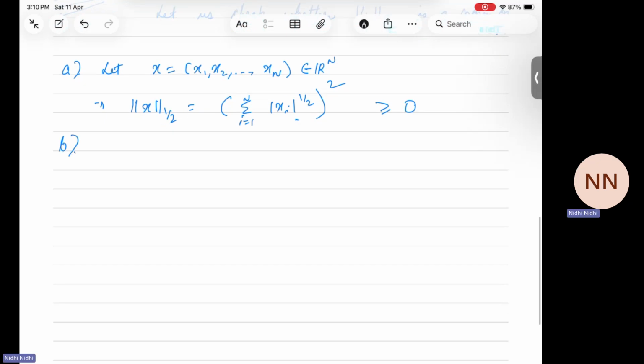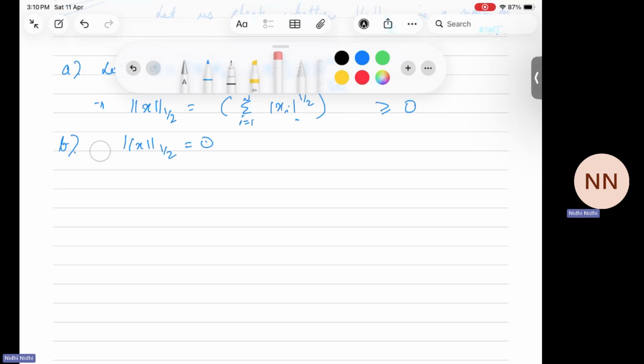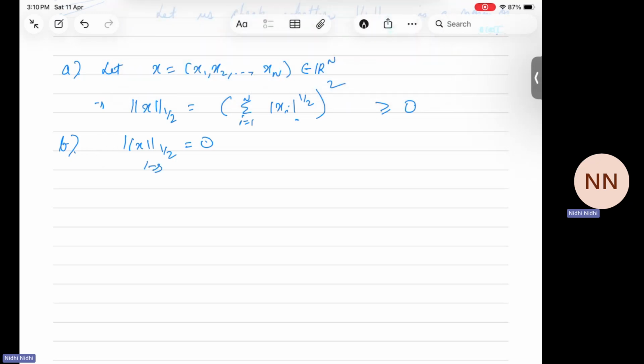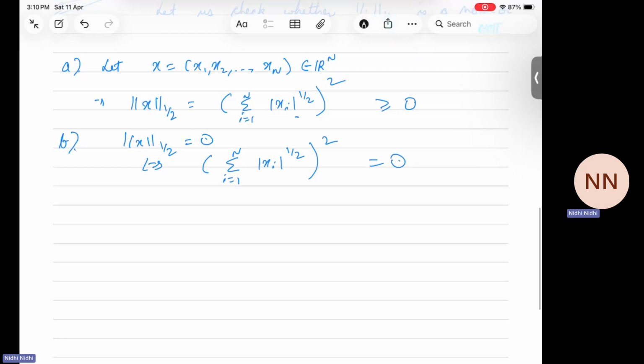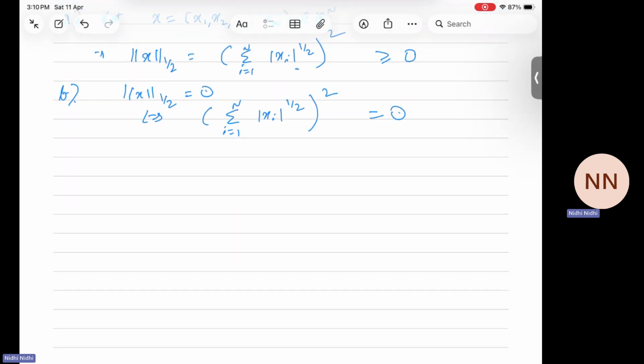Let's see what happens when norm x is equal to 0. Now this happens if and only if the summation i from 1 to n of mod xi to the power 1 by 2, whole square, is equal to 0. That's the basic definition. And this happens if and only if, of course, the square of some real number is 0, which means that number is 0 itself, so xi to the power 1 by 2 is 0.